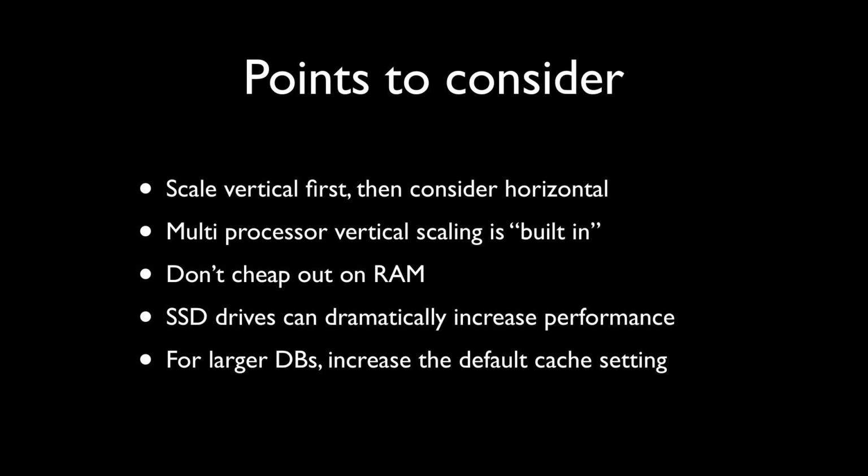Vertical scaling is as easy as that. Buy a bigger machine. Wakanda automatically out of the box will take advantage of multi-core, multi-processor machines. Horizontal scaling takes more engineering effort. So I'd say scale vertical first, and then look into horizontal scale.